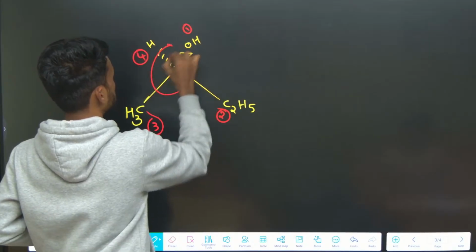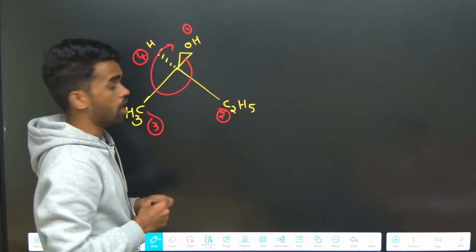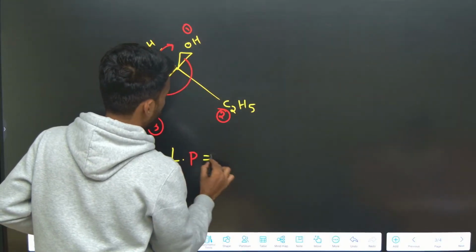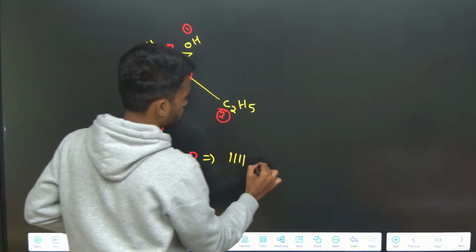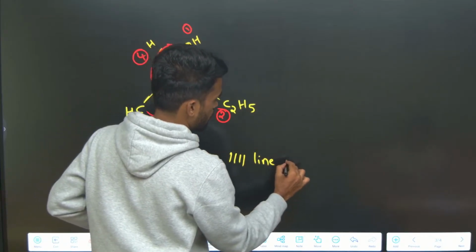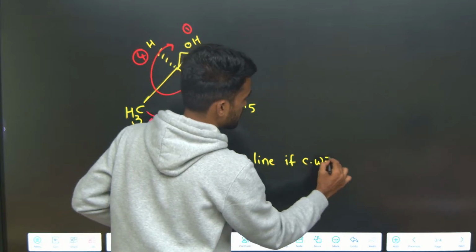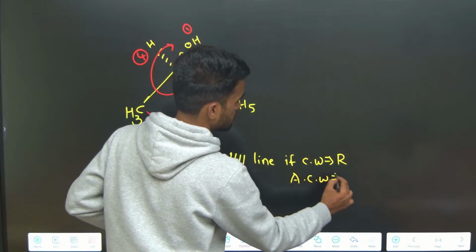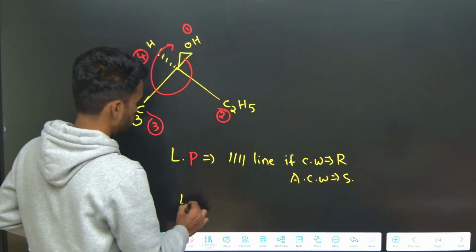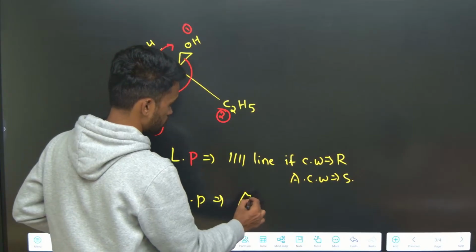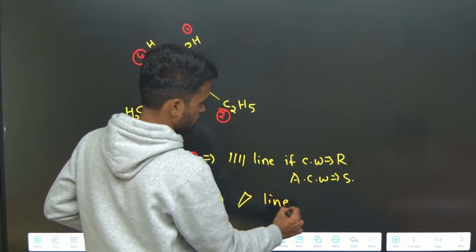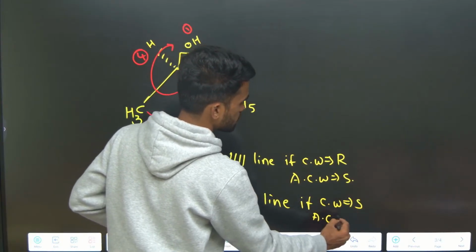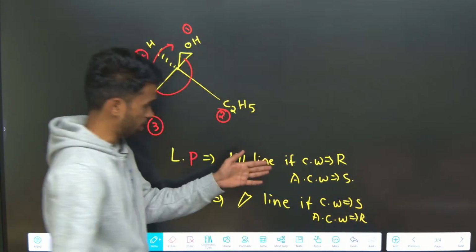The least priority group should always be on the dash line. If clockwise, consider it as R. If anti-clockwise, consider it as S. And if the least priority group is on a solid line, if clockwise, S, anti-clockwise, R. That's it, the opposite of this.